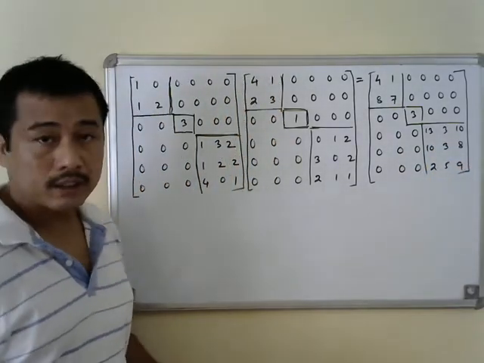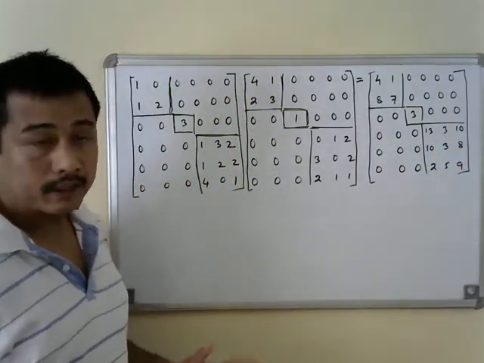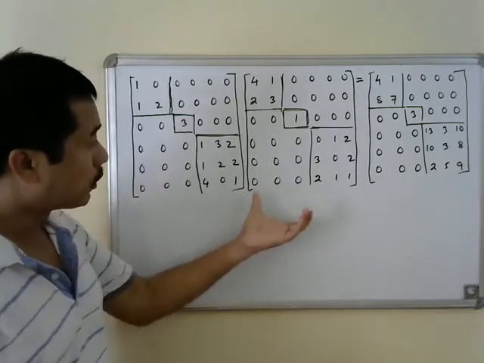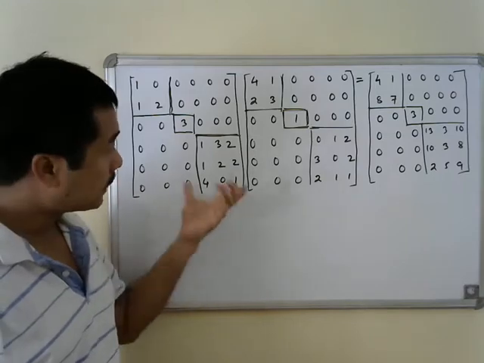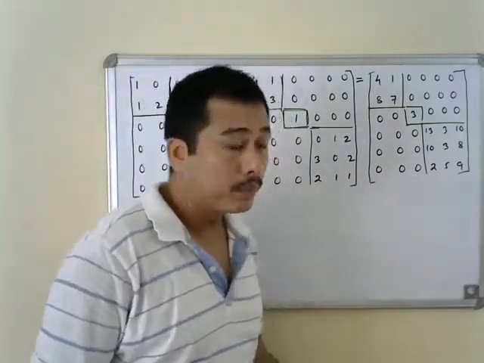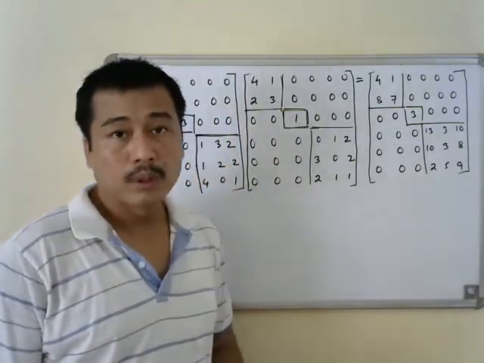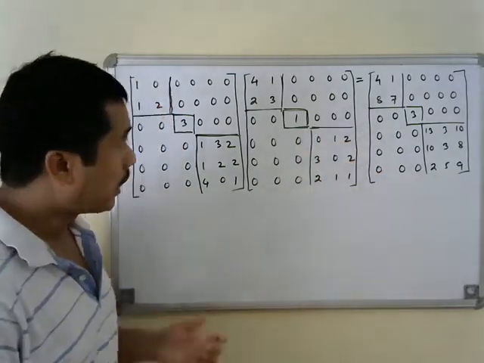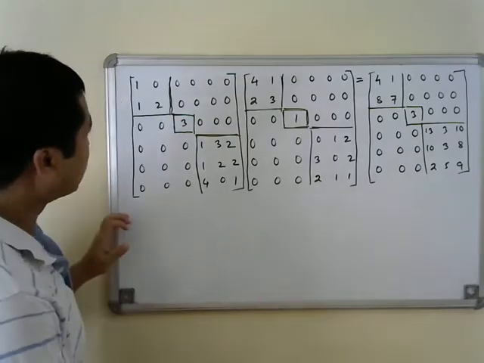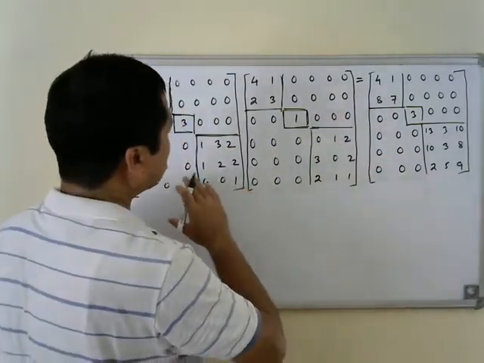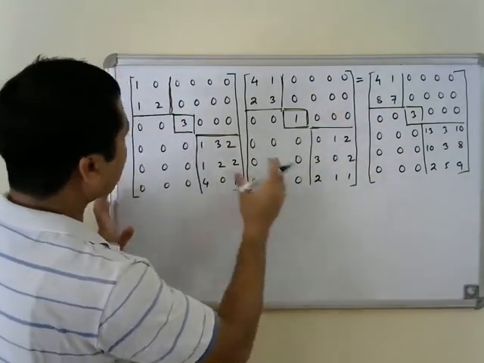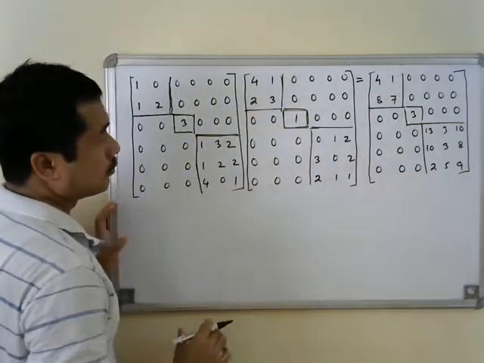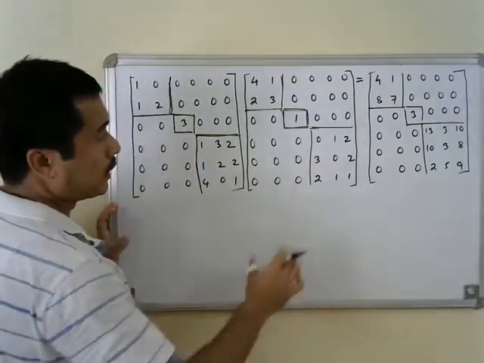So this is a very interesting aspect of matrix multiplication, that when you have non-zero elements along the blocks in both of these matrices in the same fashion, in the product matrix also the non-zero elements will appear along blocks in the same fashion. And what is more interesting here is that instead of multiplying the entire matrix, you can multiply the corresponding blocks to get the resulting block in the product matrix.